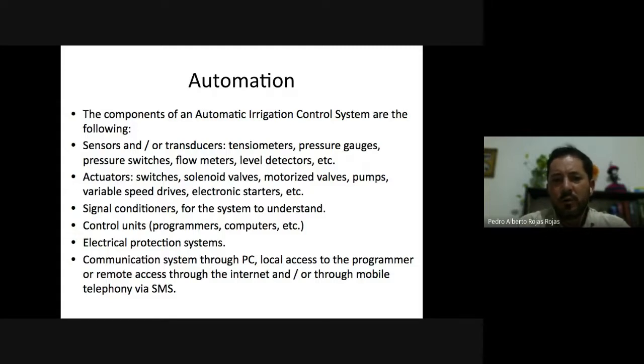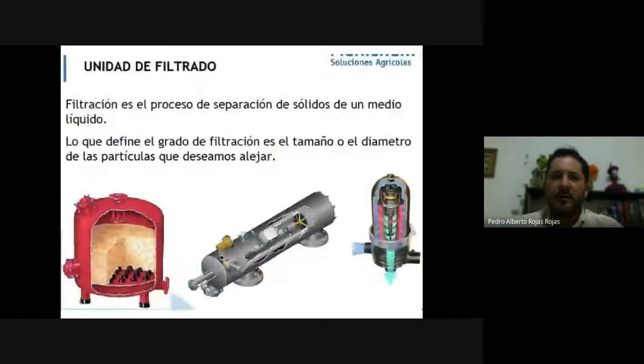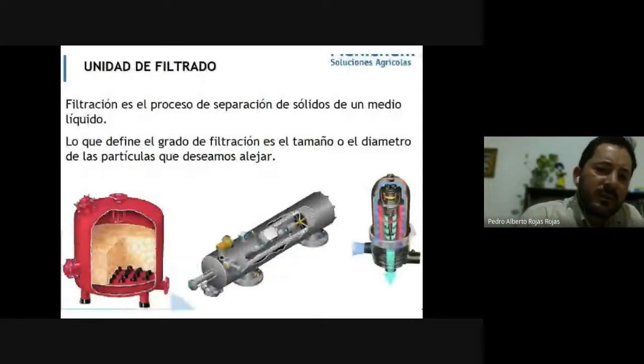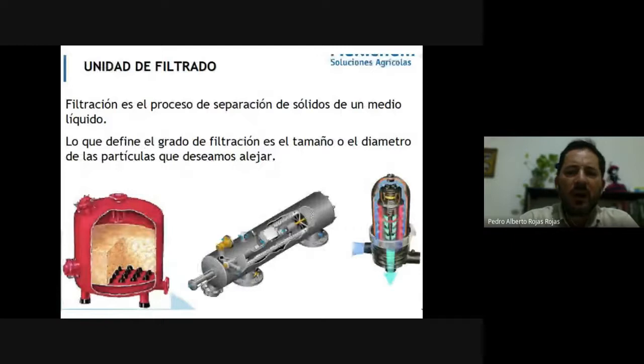Also, you need an electrical protection system because this is very expensive equipment, and to be sure to have a communication system through the computer and local access to a programmer, or remote access through the internet and or mobile telephony by messages.